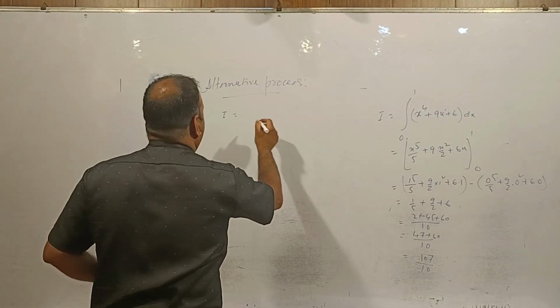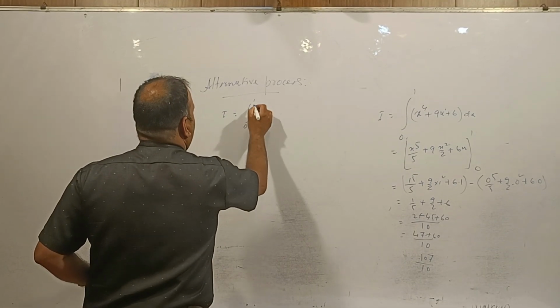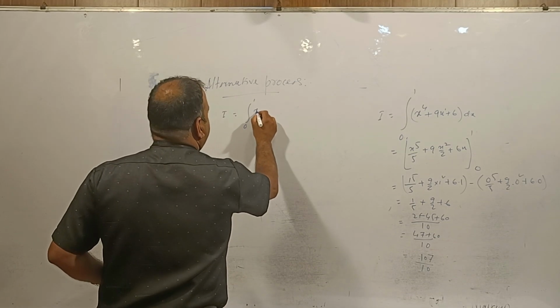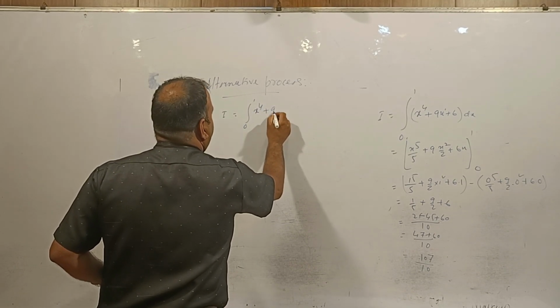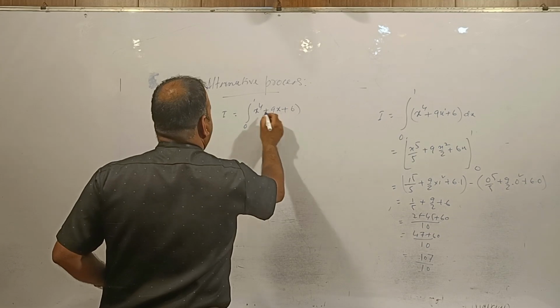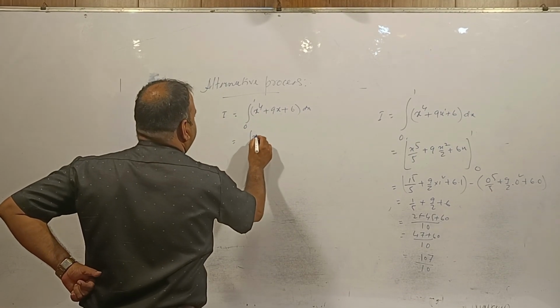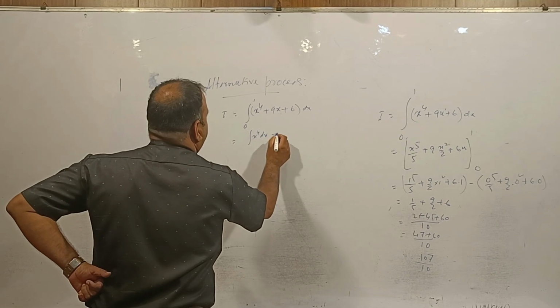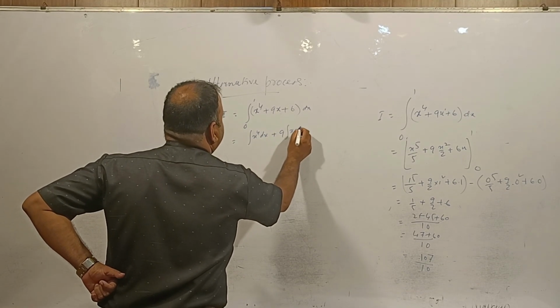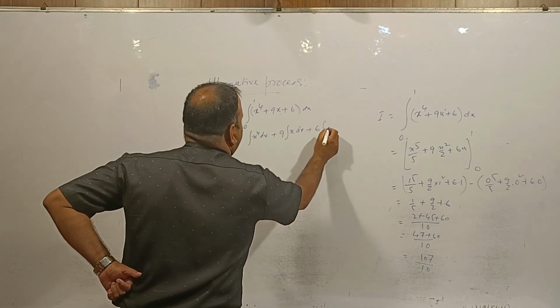Suppose the integral from 0 to 1 of (x⁴ + 9x + 6) dx. In this case we can write x⁴ dx plus 9x dx plus 6 dx.